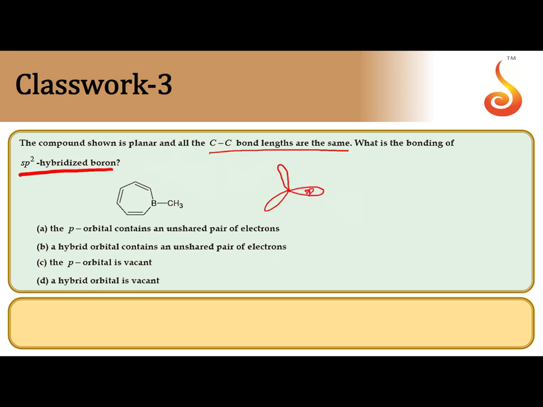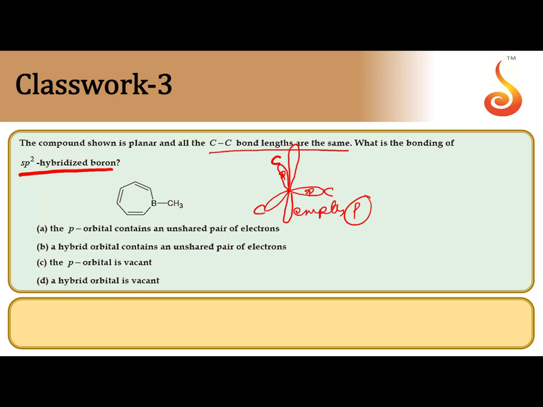One sp2 orbital forms a sigma bond with the carbon of CH3, one sp2 forms a sigma bond with an sp2 carbon, and another one with an sp2 carbon. But one empty p orbital is left over at boron. This empty p orbital is perpendicular to the plane of the 3 sp2 hybrid orbitals.